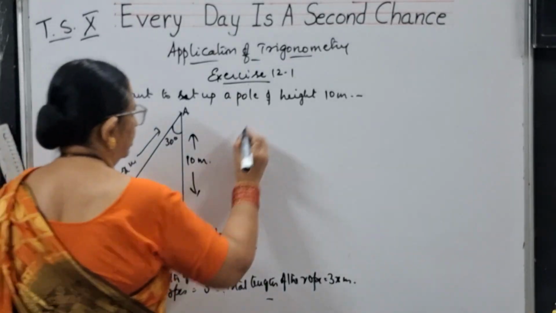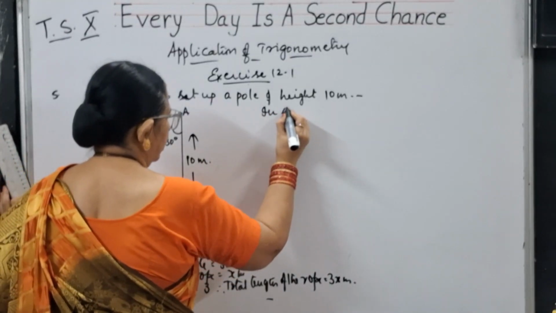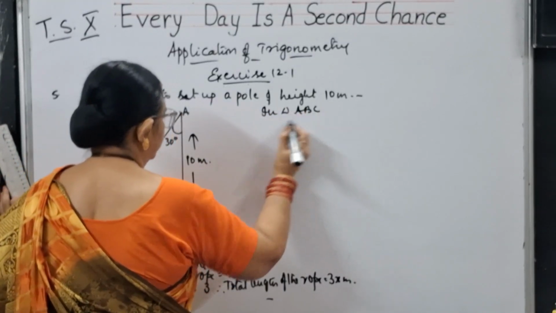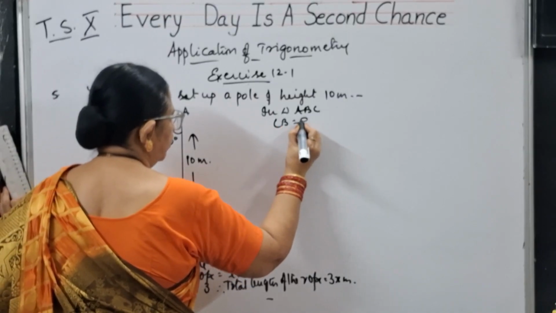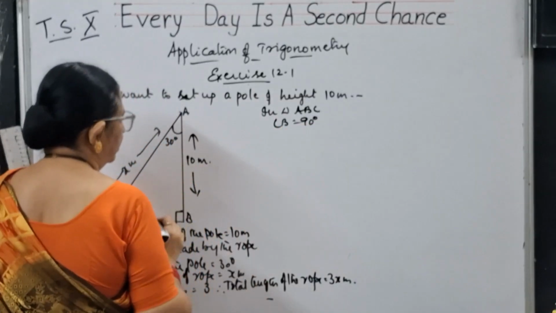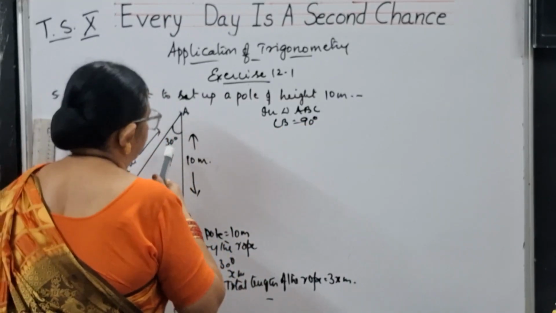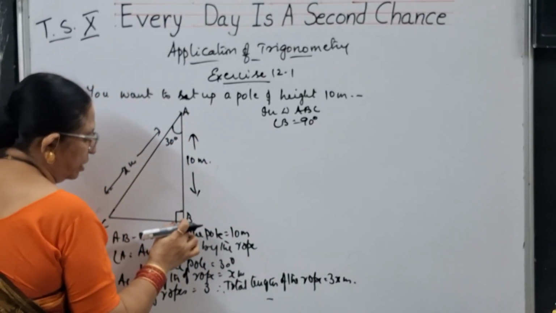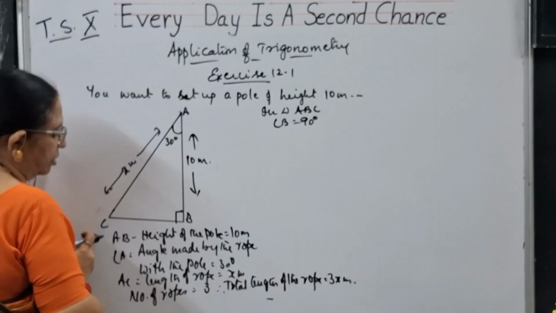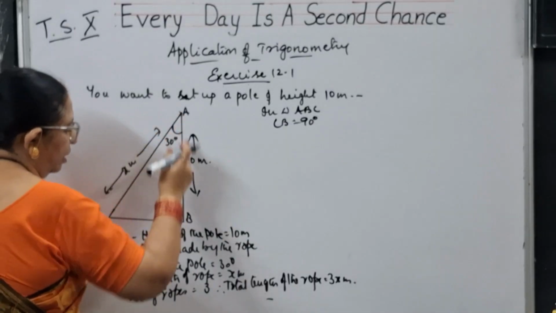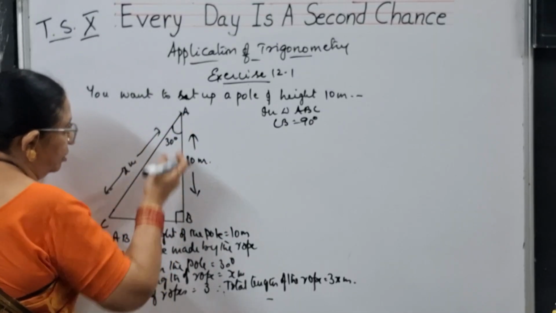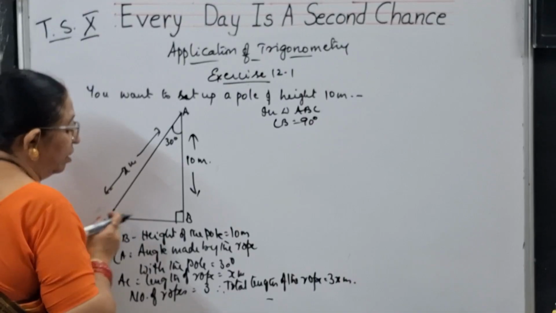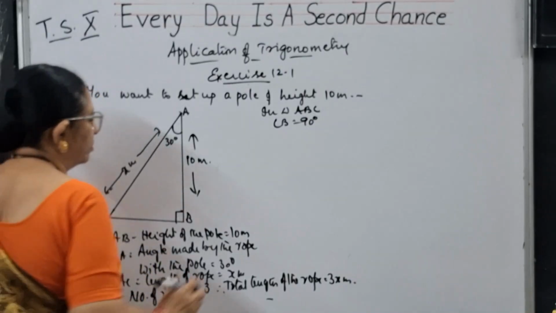So let us see the calculation first. In triangle ABC, angle B will definitely be 90 degrees. So see children, this is the angle they have given. For this, this becomes the adjacent side and this becomes the opposite side. Hypotenuse. Adjacent side by hypotenuse is nothing but cos theta.